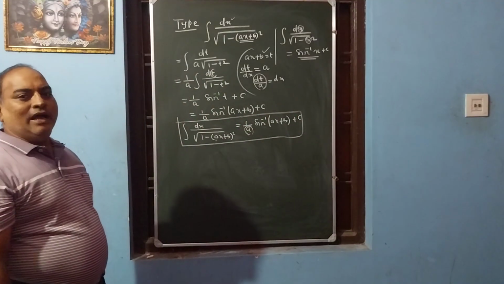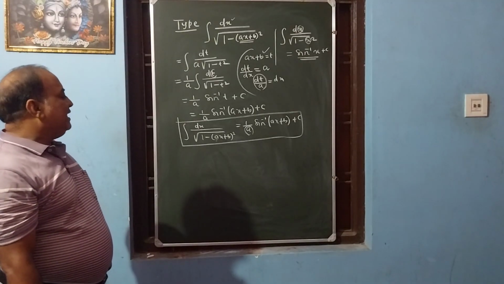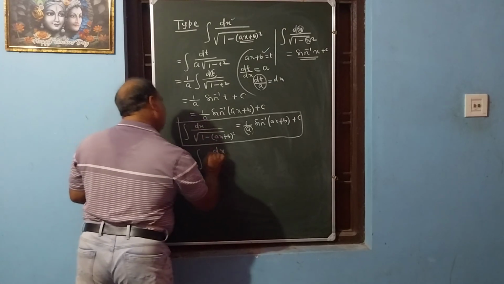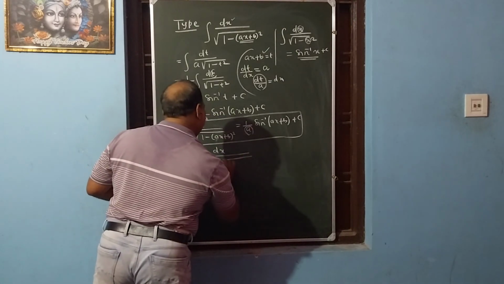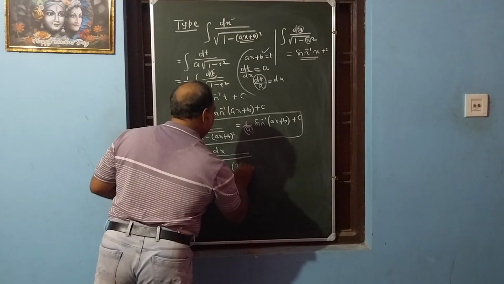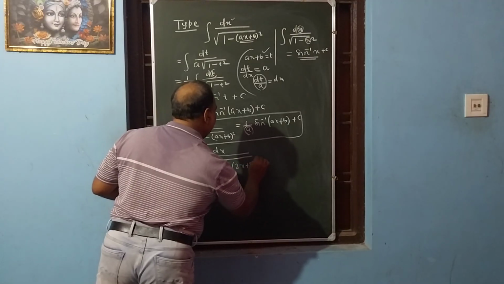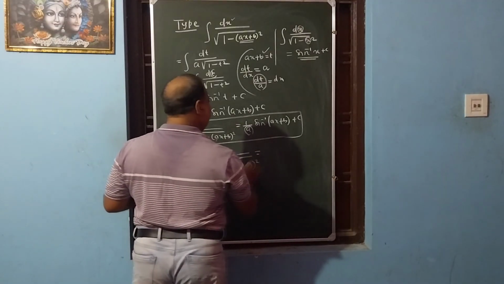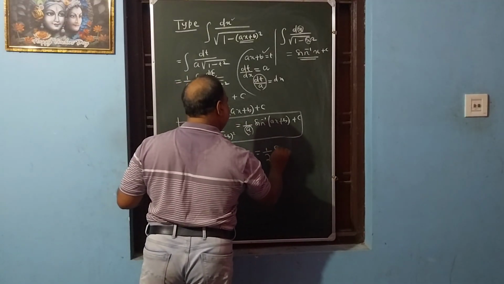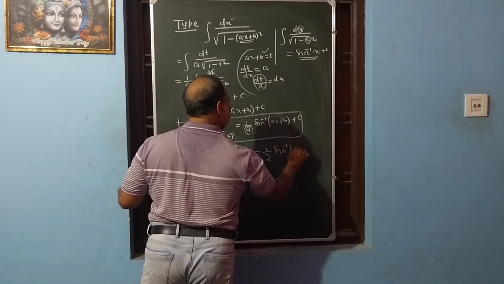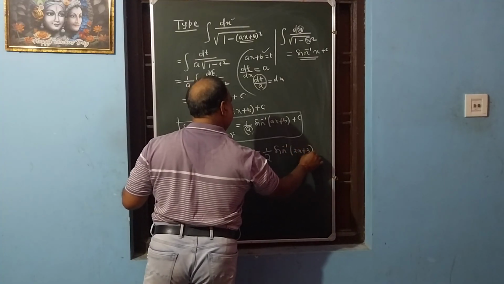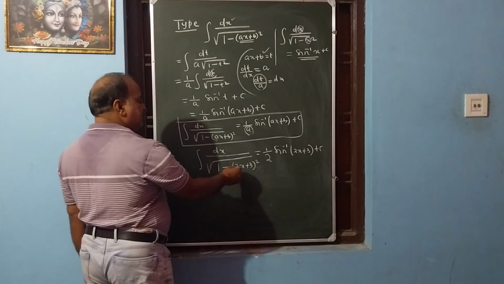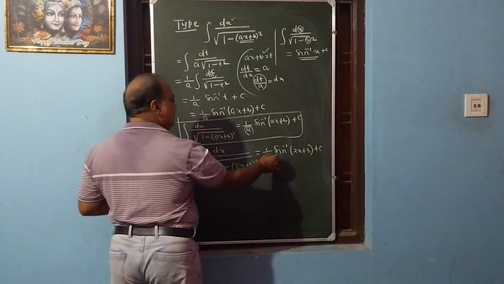So using this formula, we have to integrate some examples. Write down dx upon root over of 1 minus (2x plus 3) whole square. So the result will be 1 by 2 sine inverse (2x plus 3) plus c, because you see here the coefficient of x is equal to 2, so that will be divided here.